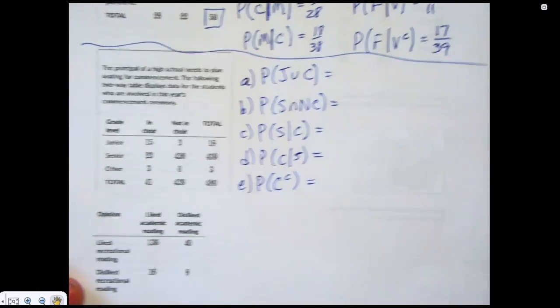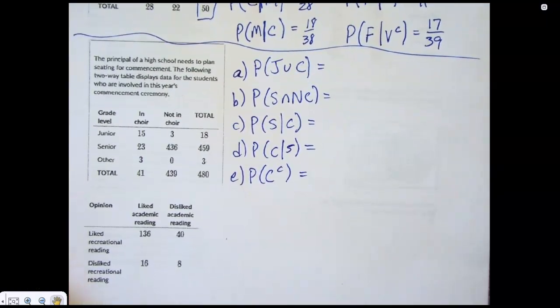Try those 5 right there. So the C is choir and the NC is no choir.